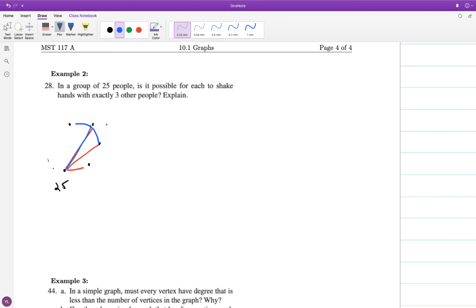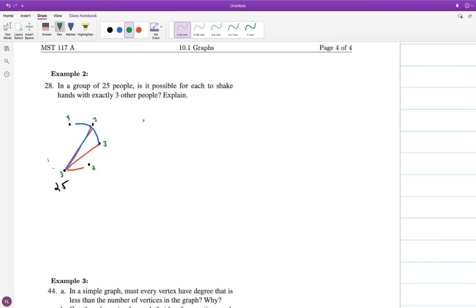Is that possible? Well, what it's asking then is, is there a graph on 25 vertices where each of the degrees of the vertices is 3, right? Because if you're modeling handshaking by drawing an edge between 2 people, then asking whether you could have each person shaking with exactly 3 others, you're asking for the vertices to have each degree 3.